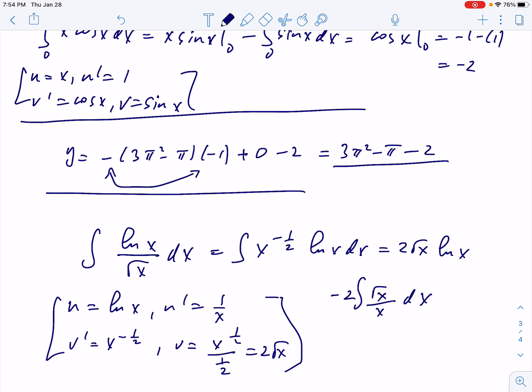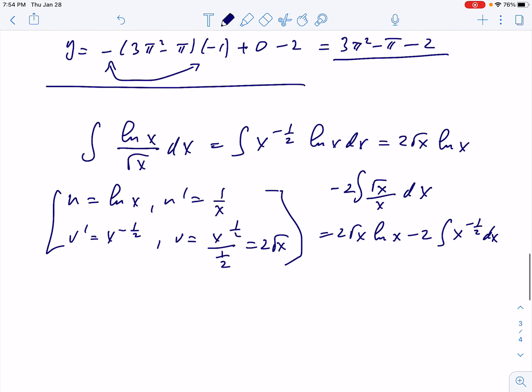Okay, here we can reduce: square root of x over x is 1 over square root of x. I'll just write it this way. 2 square root of x natural log x, rewriting, minus 2 times the integral of x to the negative 1/2 dx, reducing here. Continuing this work, 2 square root of x natural log x minus 2, and then we have this integration we already did.